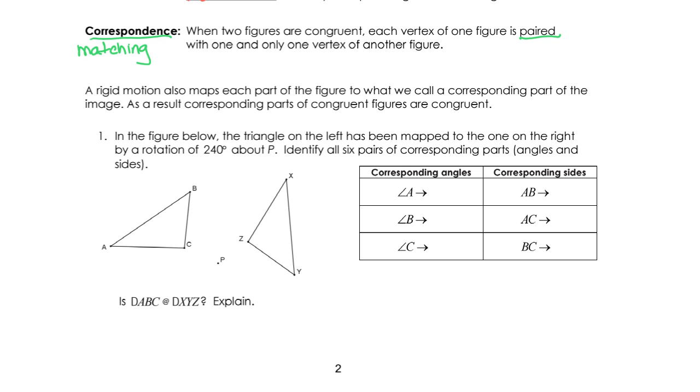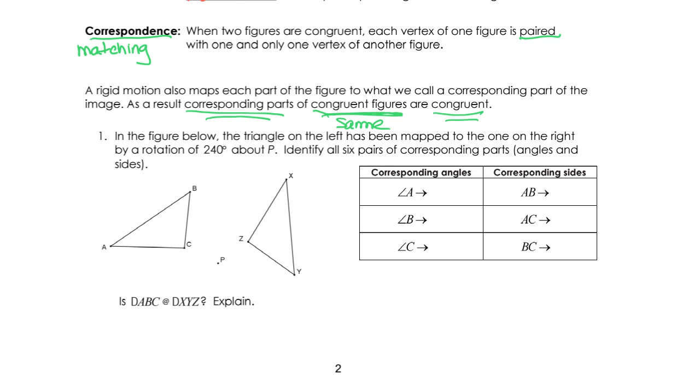As a result, corresponding parts of congruent figures are congruent. So for instance, guys, if your figures are congruent, that means that they're the same. That means each corresponding part, each matching part from the original to the new one, those parts are also going to be congruent because your figures are congruent.